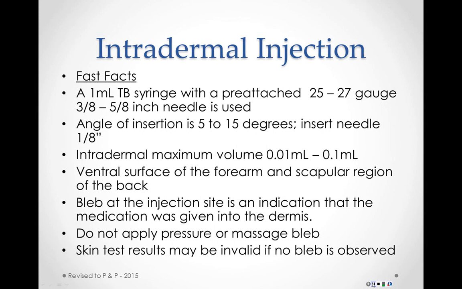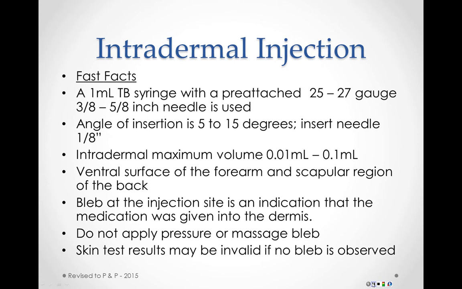To administer an intradermal injection, a 1 milliliter TB syringe with a pre-attached 25 to 27 gauge, 3/8 to 5/8 inch needle is used. The needle is inserted into the tissue very superficially at a 5 to 15 degree angle, and it is advanced approximately 1/8 of an inch under the skin.